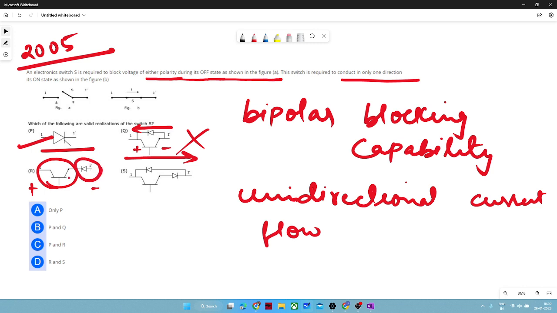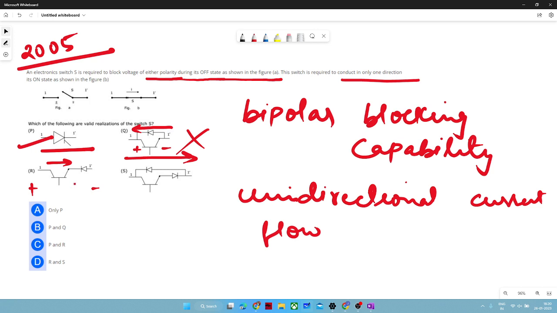Now this IGBT will allow current to flow in this direction from right to left, but this diode will not allow the flow of current from 1 to 1 dash, right? So in this switch, no current can flow because this diode is connected in series with inverted polarity.